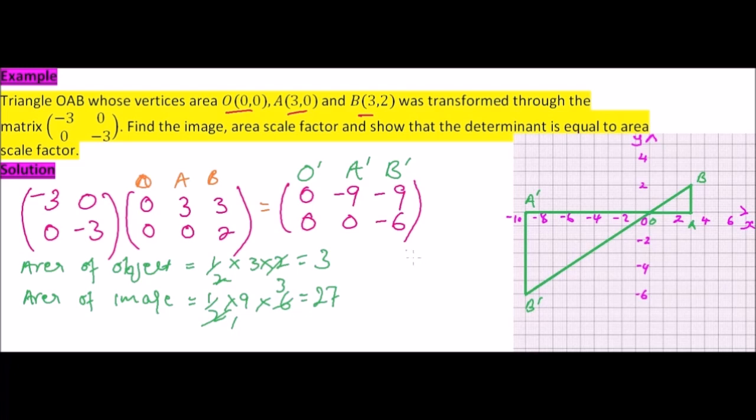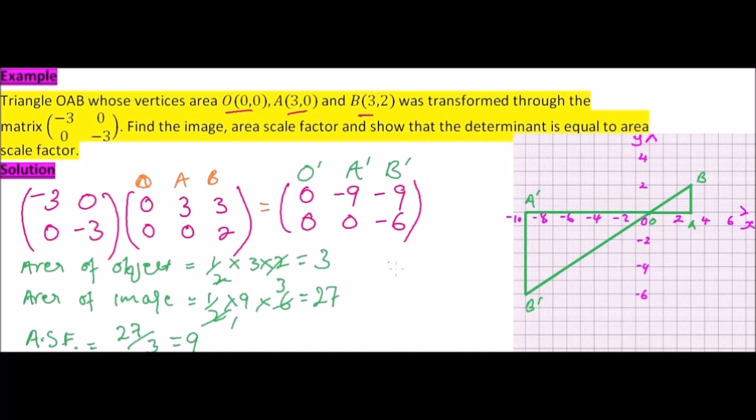Now from there, area scale factor, we have said it is equals to area of the image divided by area of the object. So it is 27 over 3, and that should give us 9. Then from there we get the determinant of our transformation matrix.